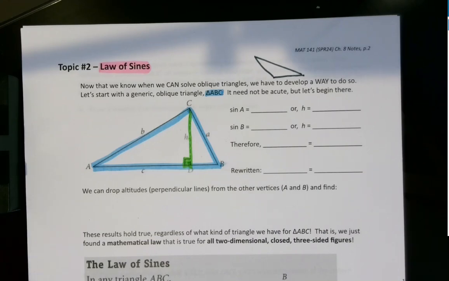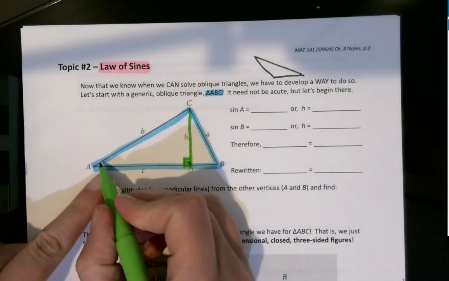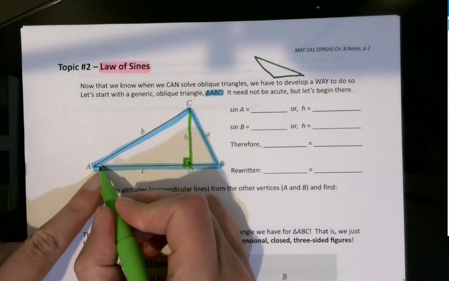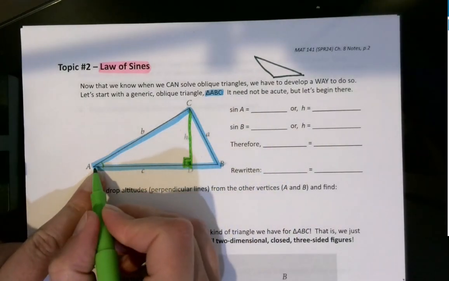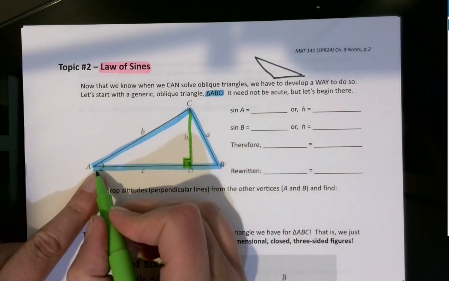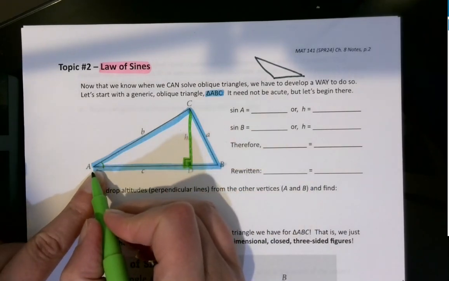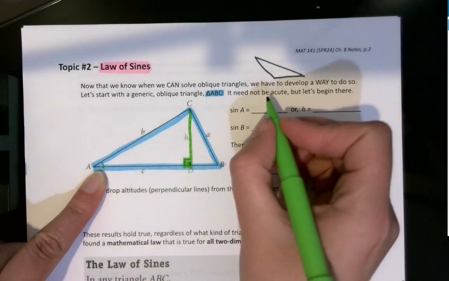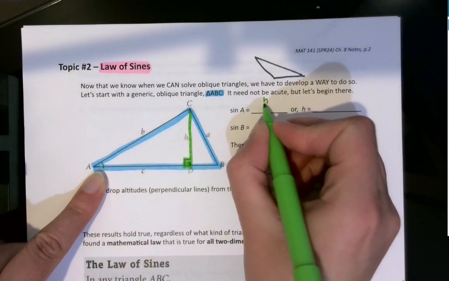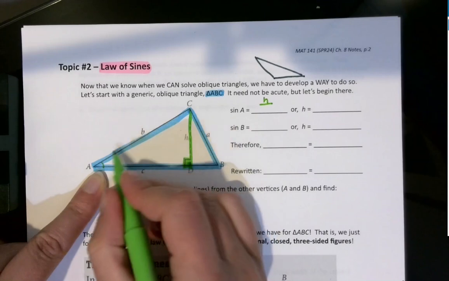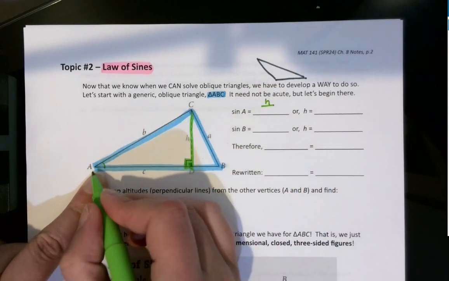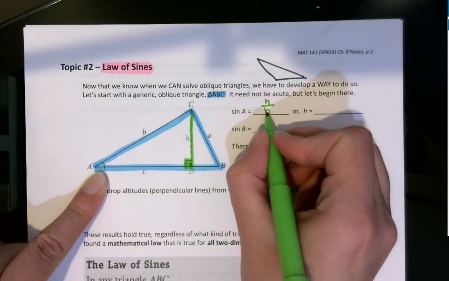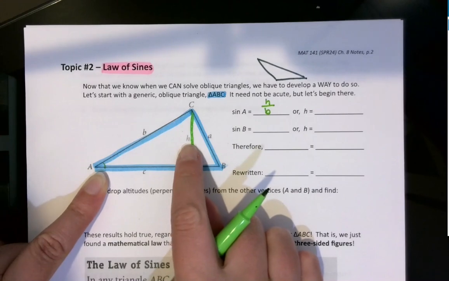Now how this is going to work is we're going to think about angle A in terms of its sine. So the sine of angle A here would be the opposite. The original definition of sine was for right triangles only. So we're going to do its opposite as the side H over its hypotenuse. We're looking at this triangle here, which is B. Now, H is not inside this triangle, so we're going to need to solve for H or get rid of it.